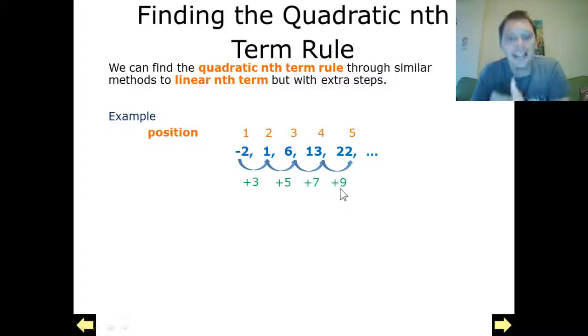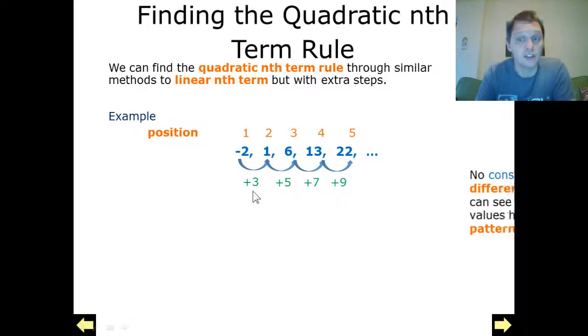It's not a constant arithmetic addition or subtraction to get from each term. So I know I'm not going to have just a straightforward 2n plus 1 or anything like that. It is going to involve a quadratic. Because this isn't constant, I'm going to look for the difference of my difference.